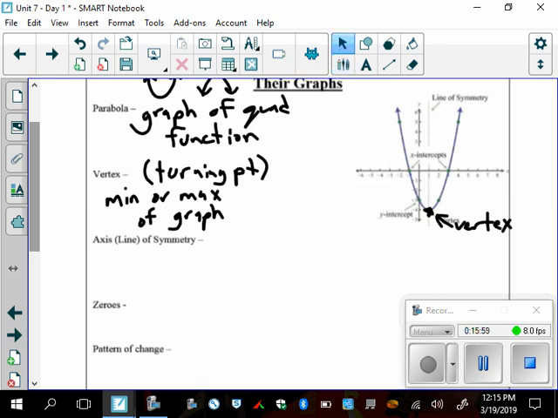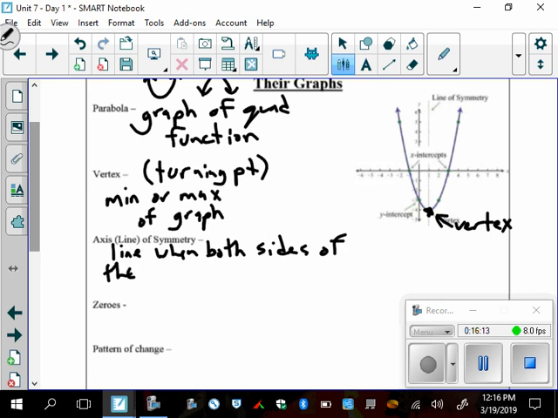My axis of symmetry is a line when both sides of the graph are the same. And we should know that the line of symmetry right here always goes through my vertex.